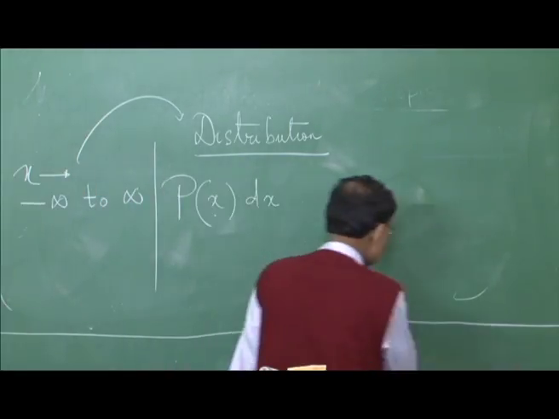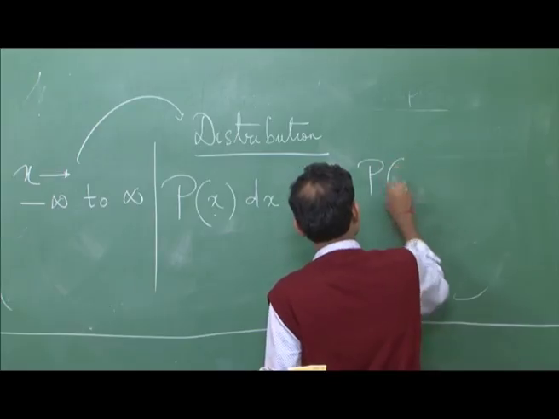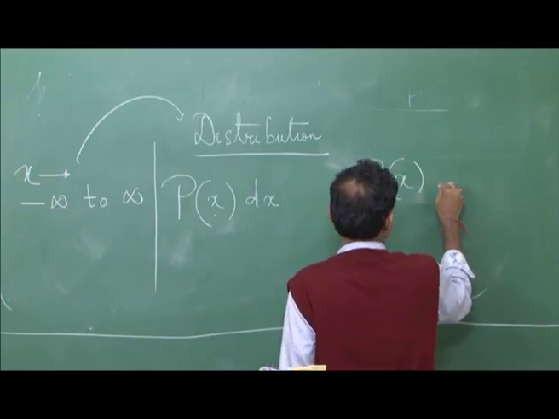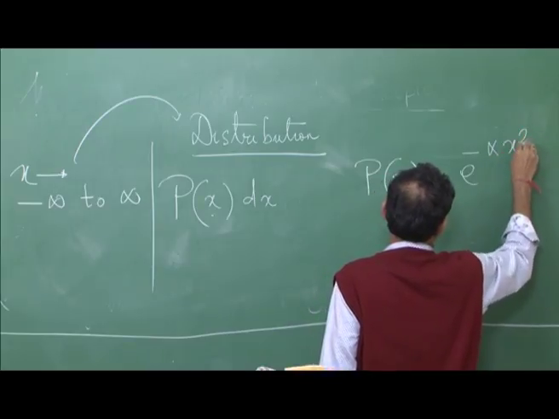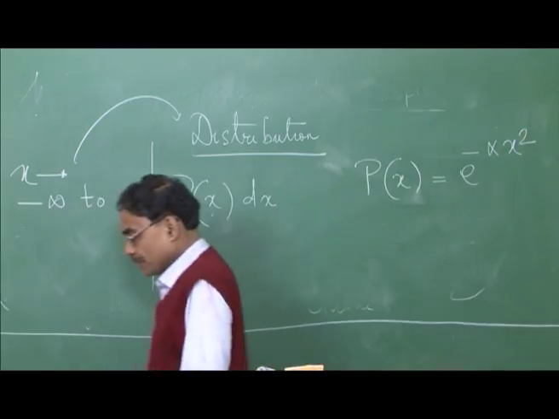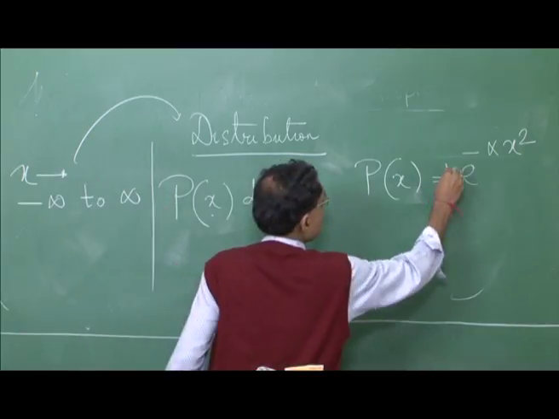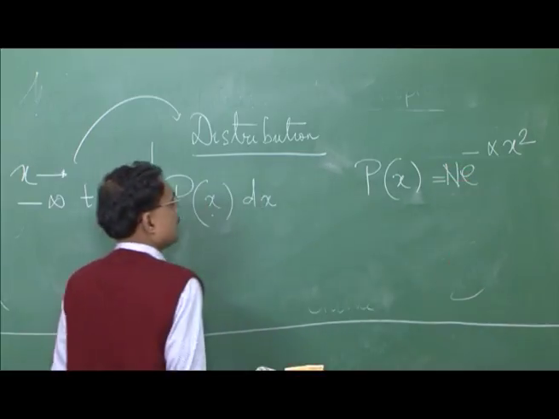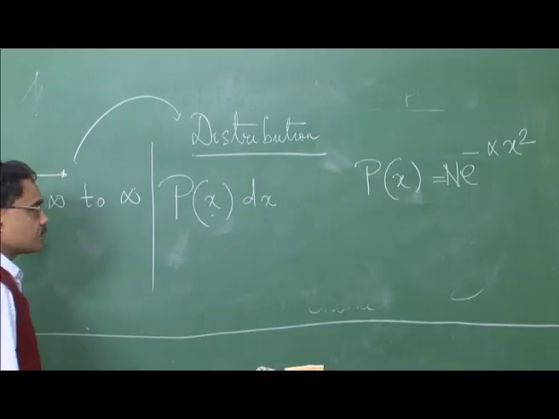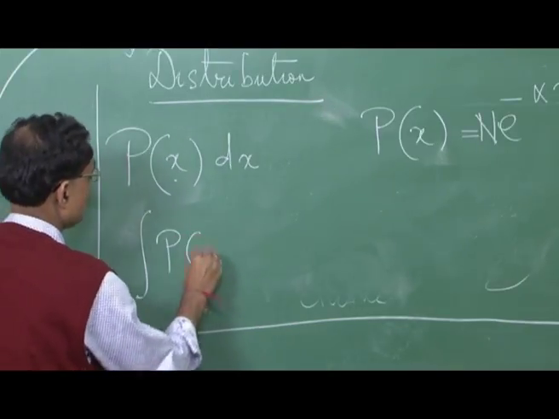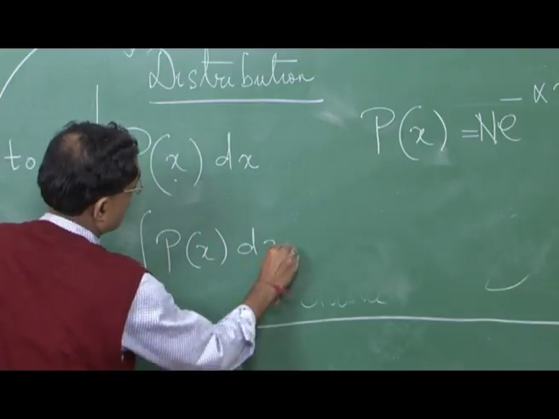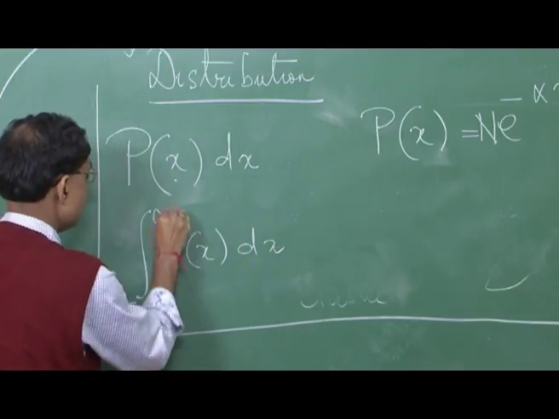Let us take a very simple example. Let us say P(x) is of the form e to the power minus alpha x squared. And then there will be some constant, called the normalization constant, because you integrate P(x) dx from minus infinity to plus infinity.